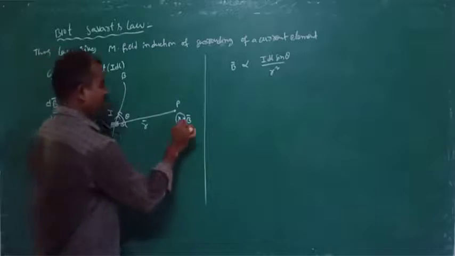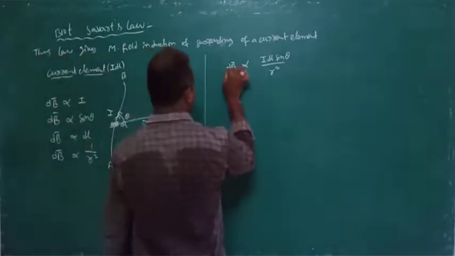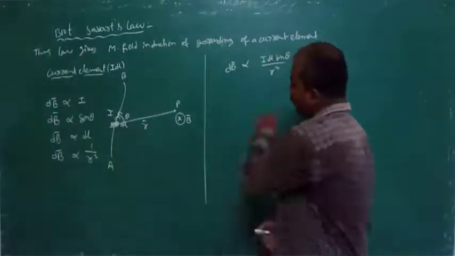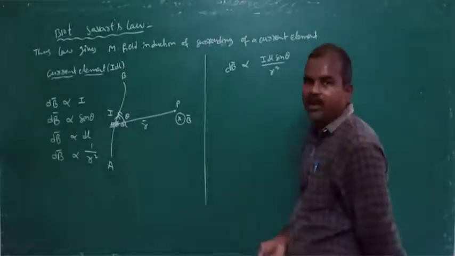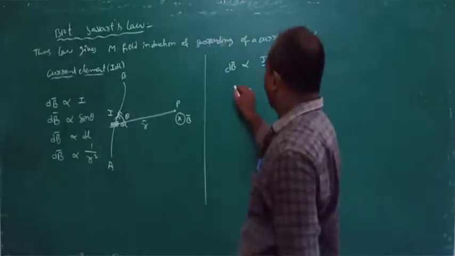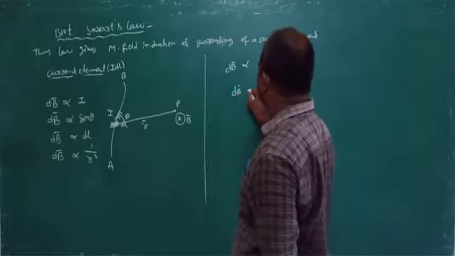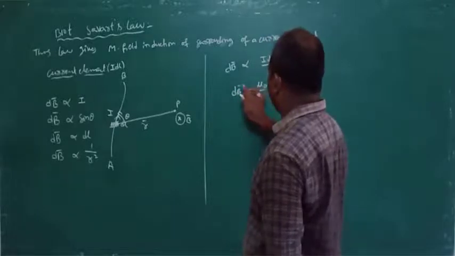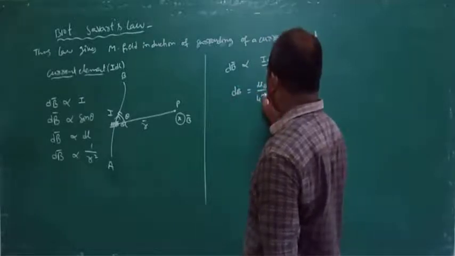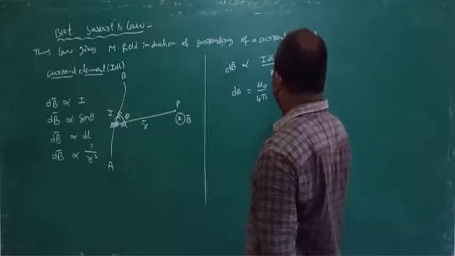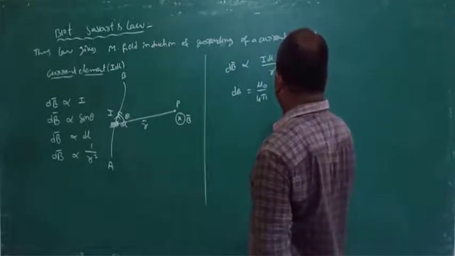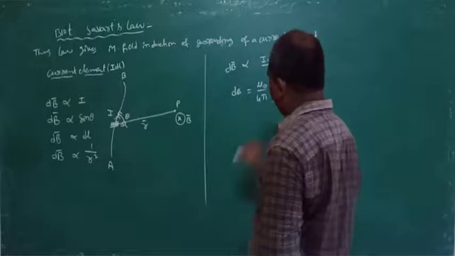So dB is directly proportional to I dl sin theta by r square. Therefore, dB bar equals mu naught by 4 pi into I dl sin theta by r square.